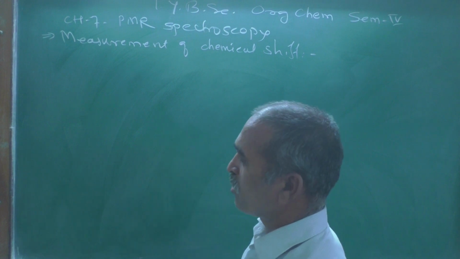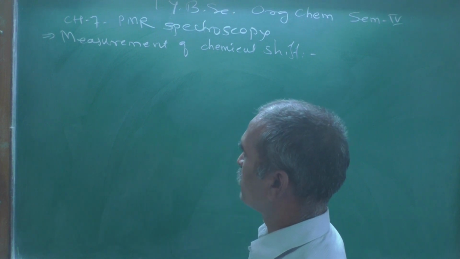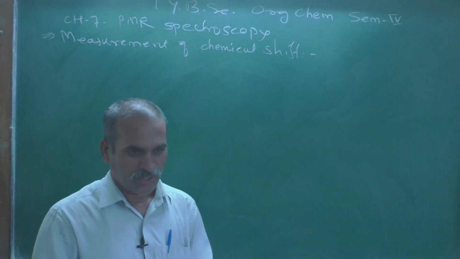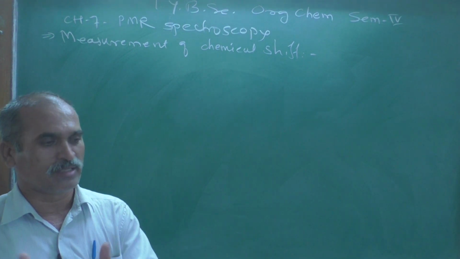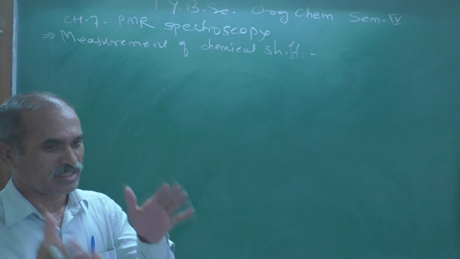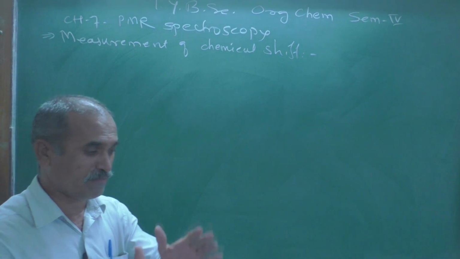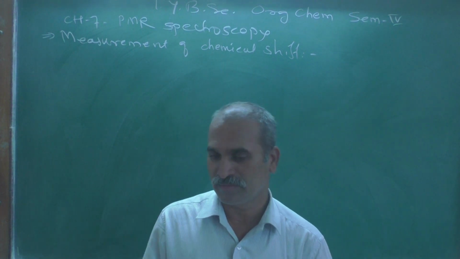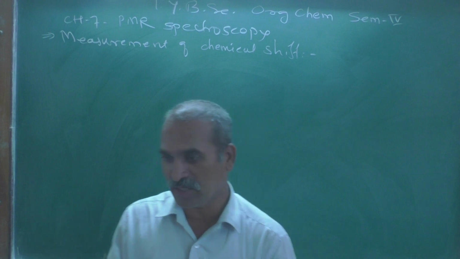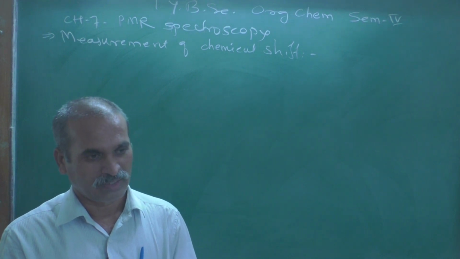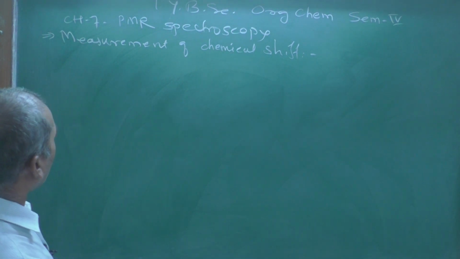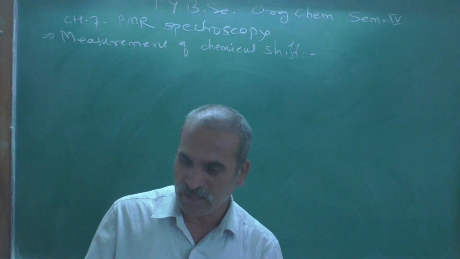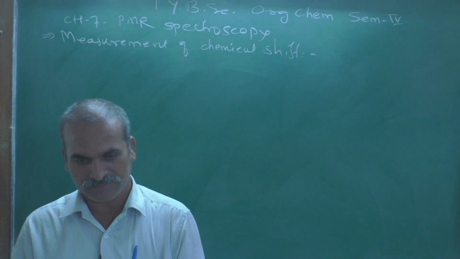So today what we are going to discuss is the measurement of chemical shift. What do you mean by chemical shift? What is the symbol? What is the mathematical expression used for the measurement of that chemical shift, as well as the scale of that chemical shift, how much is there?